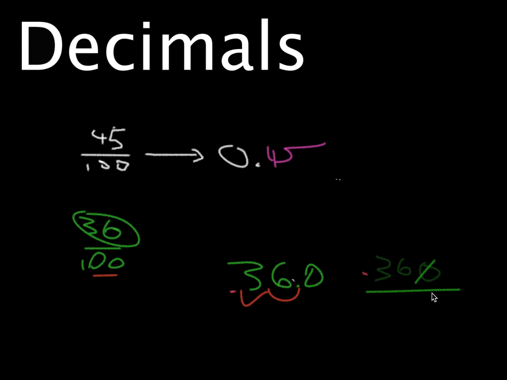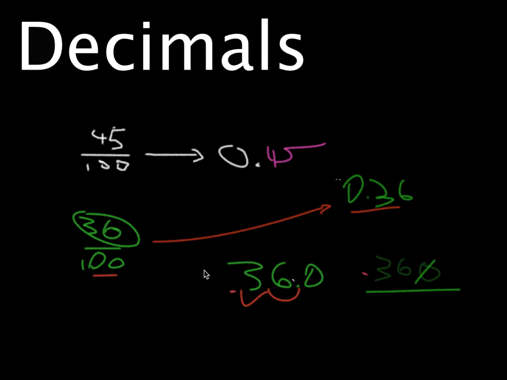You don't need that last 0. That is how you go from here to there. That is how you convert fractions out of 100 or 10 to decimals.